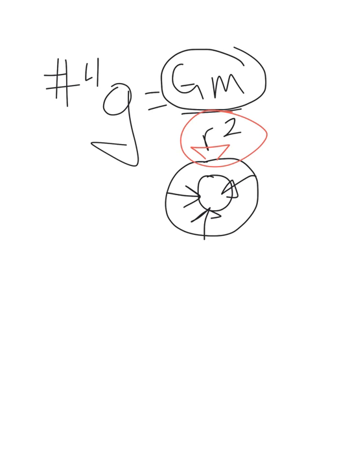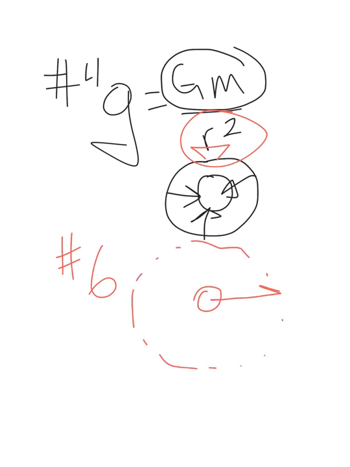On number, which one do I want? Number 6. So here's the proton, here's this electron moving around, okay? So you want to find the gravitational attraction between that tiny little bit of matter we call an electron and that big massive thing we call a proton. If 6a is wrong, everything is going to be wrong.